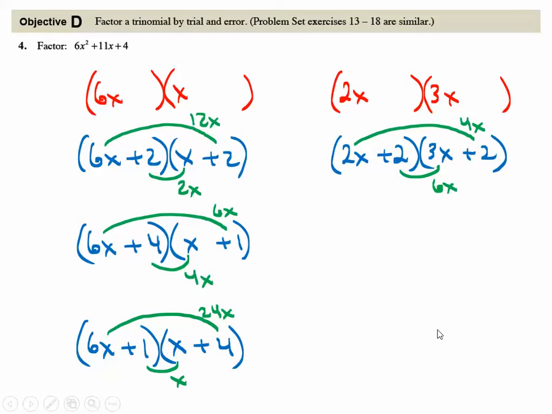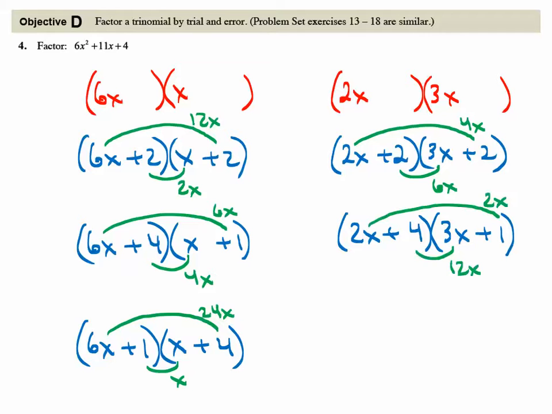Okay, now let's do the 4 and the 1. Let's see if that works. Does this one work? No, that's going to be a 14x. That's not going to work. Okay, let's switch the 1 and the 4, and then will this one work?